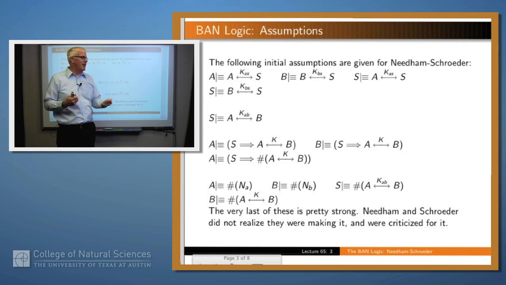And finally, here's a sort of odd one. B believes that any key that it receives during this protocol is going to be a fresh key. It turns out when you do the proof of this protocol using BAN, you need that last fact. And that fact was somewhat surprising to the people who originally did this. They said, that's not one that would have occurred to us.